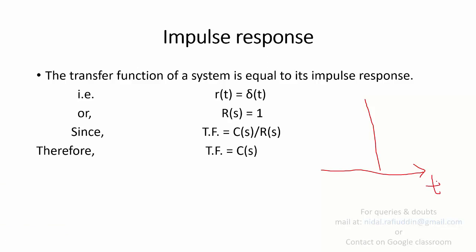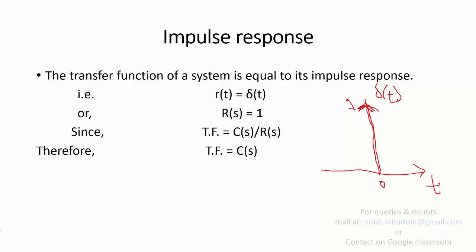You have a function delta(t), a function of time. An ideal impulse is something that will be having infinite value at 0. So we normally show this by something like this. We say that this magnitude is 1, which shows the area of this impulse to be 1.